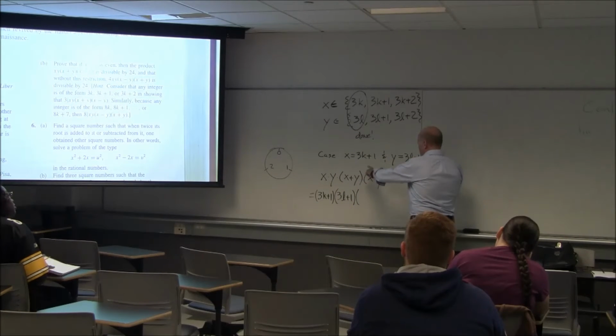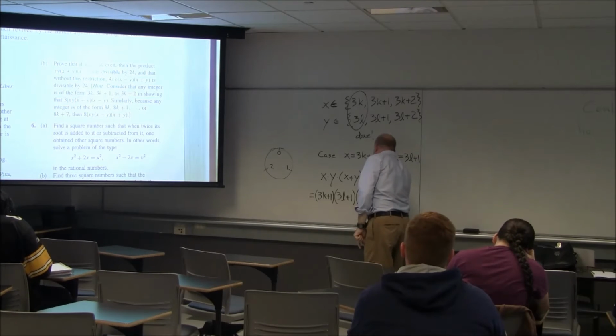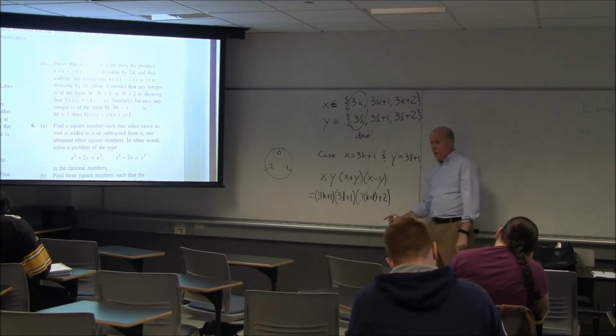Ooh, what do we have here? When we add up x and y, we'll get 3 times k plus l, and then plus 2. Not a multiple of 3.